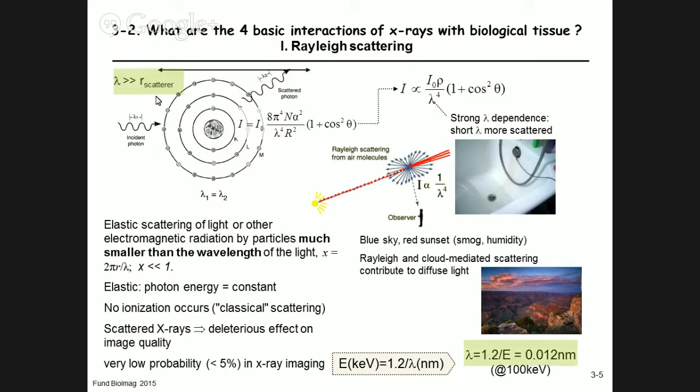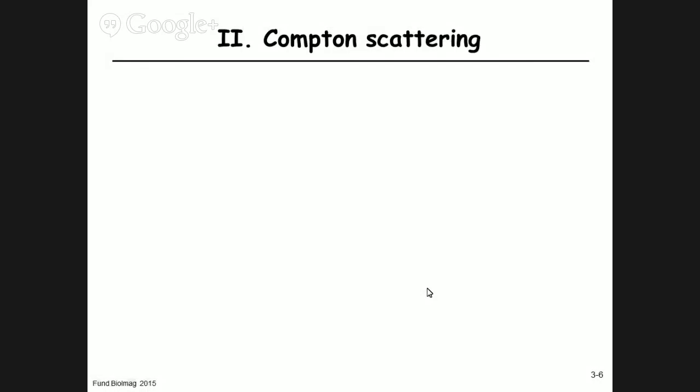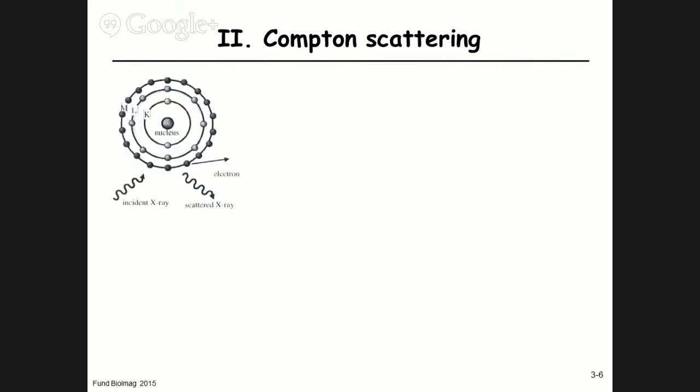Okay, so this condition of the wavelength being much larger than the scatterer implies that the scatter for X-ray imaging should be very small. Now, the second effect I want to talk about is Compton scattering. So now we have an X-ray that comes to our atom, interacts with the outer shell electron, and is being scattered.